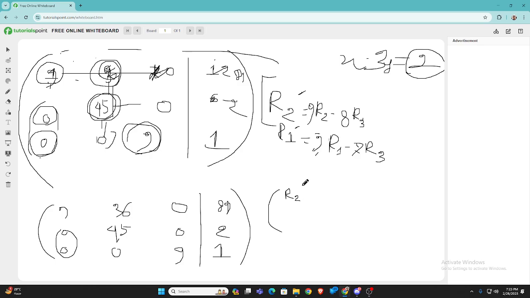R2 equals R2, alright, so it will be 36 R2 minus 45.